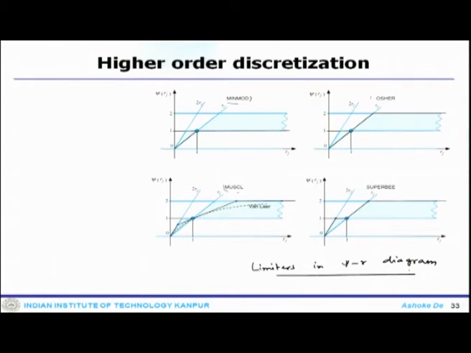So, let us start with the min-mod limiter. For the min-mod limiter, psi Rf is the maximum of 0, minimum of 1 and 2 Rf, comma, minimum of 2 and Rf.